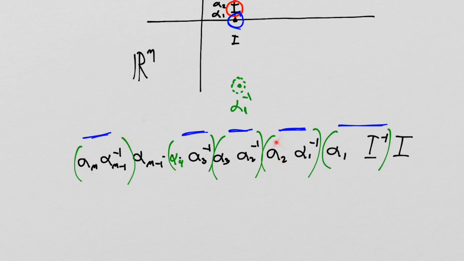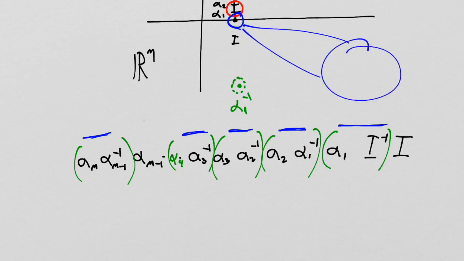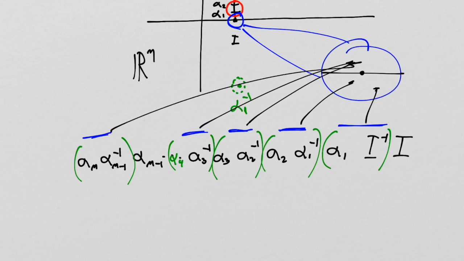Remember, each of these is a group element. The product of any two group elements is a group element. It just so happens this group element is close to the identity. If I took this little blue thing and blew it up, what I would see is there's the line, there's the identity element. All of these points are in here, right? That's the whole point. All these points are in here.